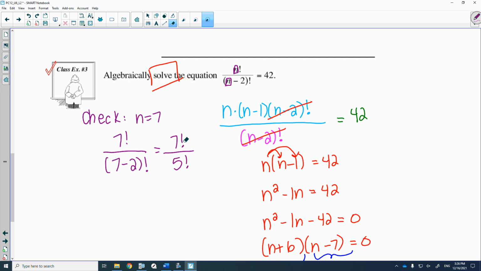If I said simplify this, you would unzip the numerator because it's larger, and you would say that that is 7 times 6 times 5 factorial. In your denominator, you have a 5 factorial. 5 factorial over 5 factorial would cancel, and you have 7 times 6, which is equal to 42. And that is what we had on the right-hand side. So our solution of n is equal to 7 is correct.